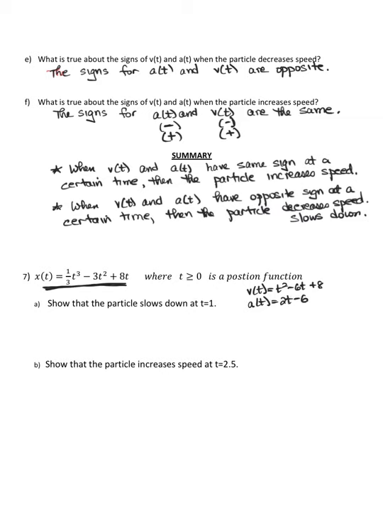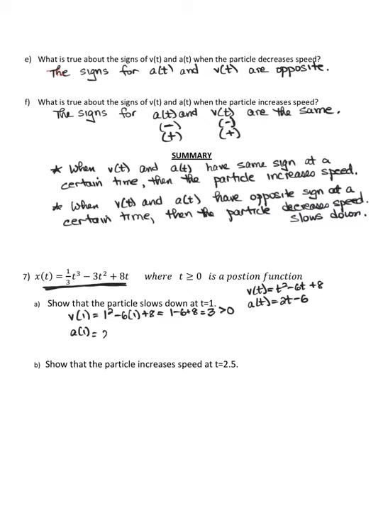So if we wanted to show that the particle slows down at t equals 1, all we have to do is substitute 1 into the velocity and the acceleration and see what we get. So we get 1 squared minus 6 times 1 plus 8, which gives us 1 minus 6 plus 8, and that gives us 3, which is greater than 0.